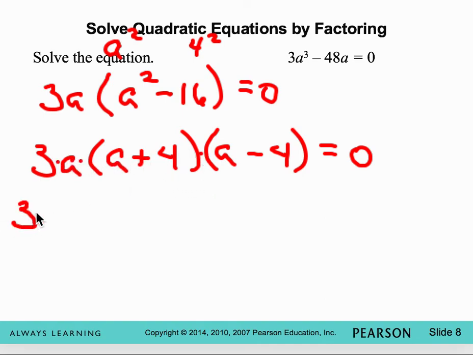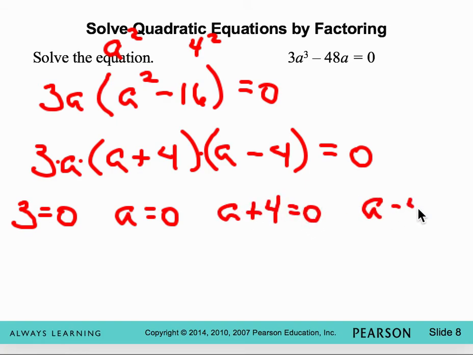So either 3 is 0, or a is 0, or a plus 4 is 0, or a minus 4 is 0. Well, 3 is not 0, right? That's not the one. Oh, but there, a is 0 is 1. Notice this time I'm going to have 3 answers.